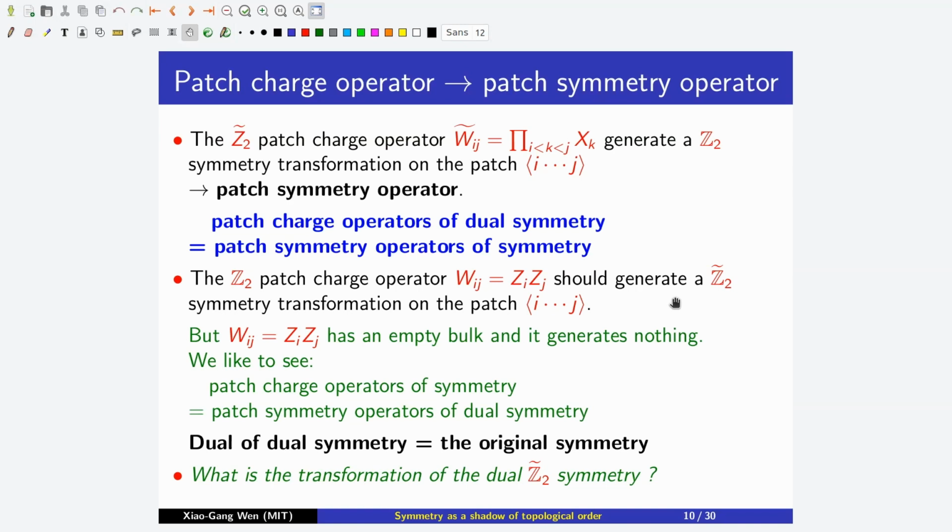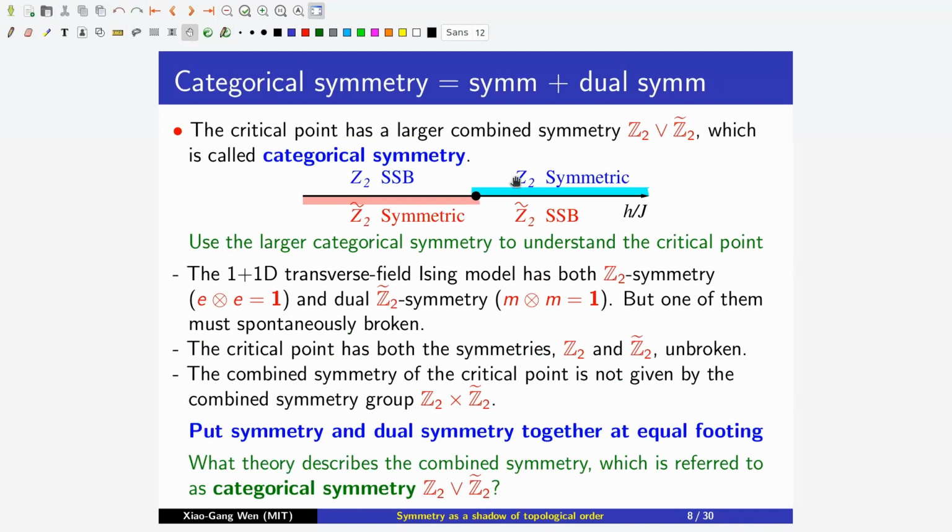It's an unbreakable symmetry. But you can also say unbreakable symmetry means a trivial symmetry. Here it is non-trivial in the sense that the critical point does have dimensional fluctuations. They control dynamics, so this conservation law should be non-trivial.